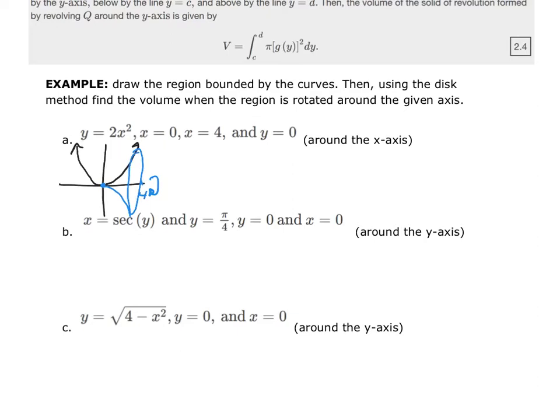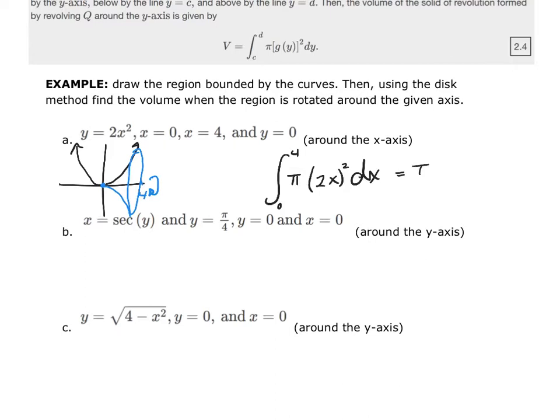So using my formula, I'm going to integrate between, and they're telling me to start at 0 and end at 4. It is going to be pi, my function 2x, the quantity squared, because that's my radius at any given point, dx. So then all I have to do is integrate this.